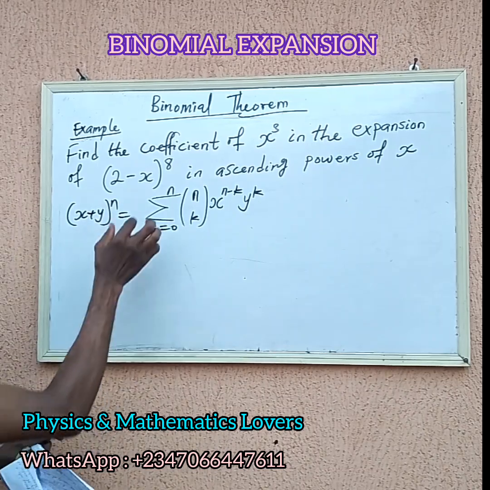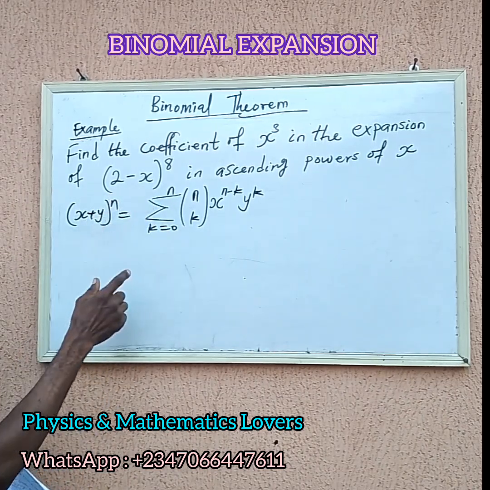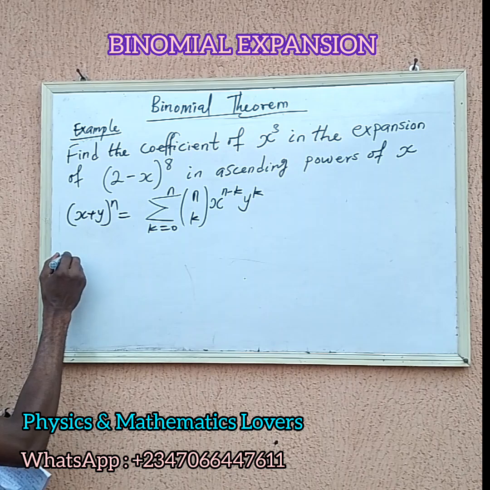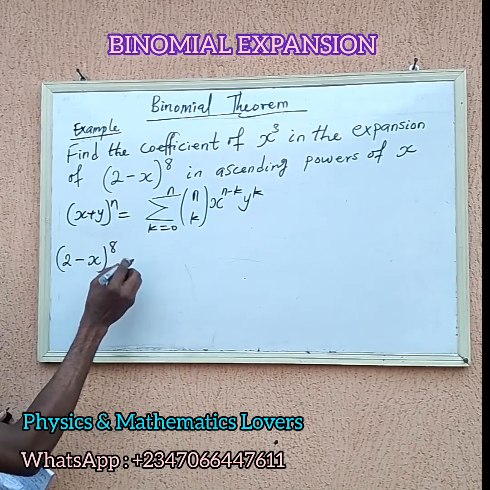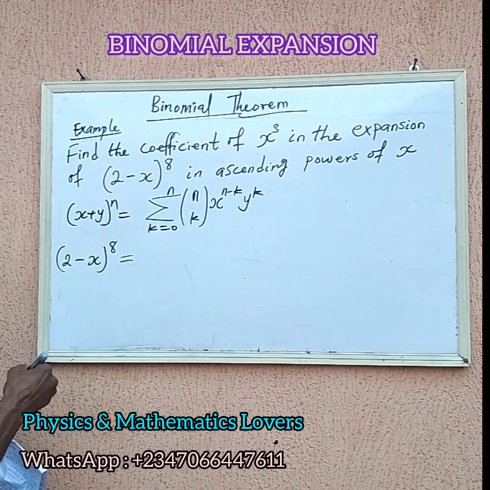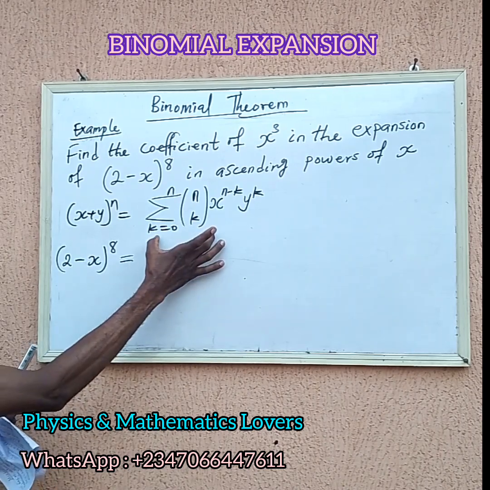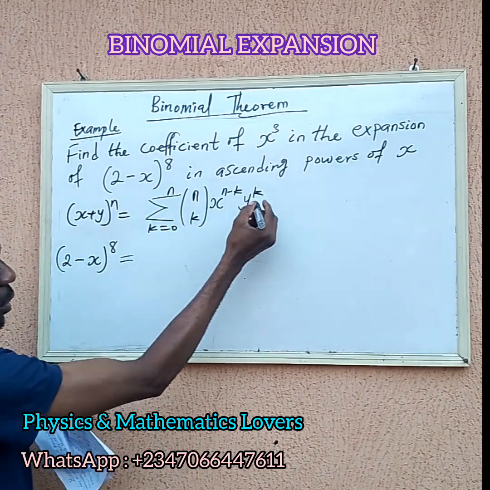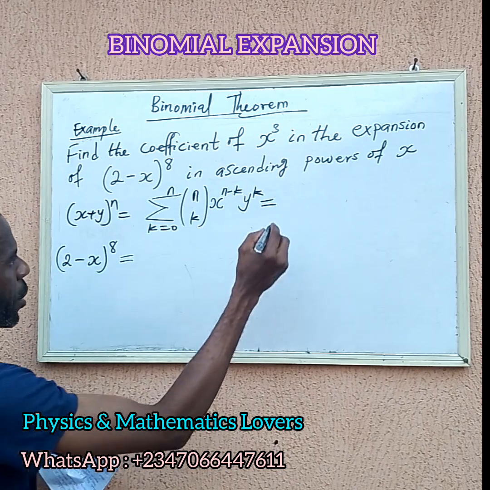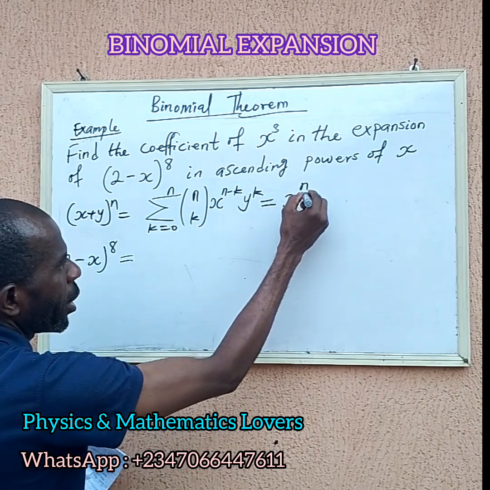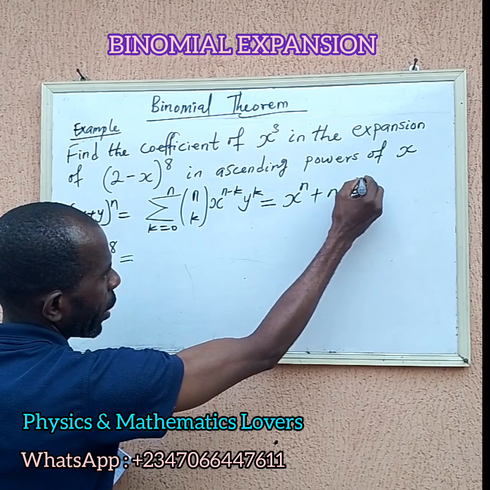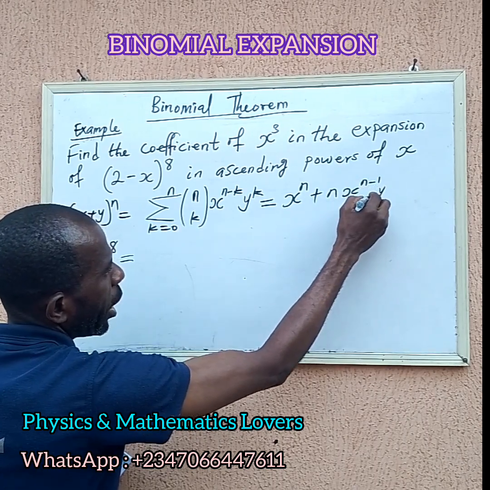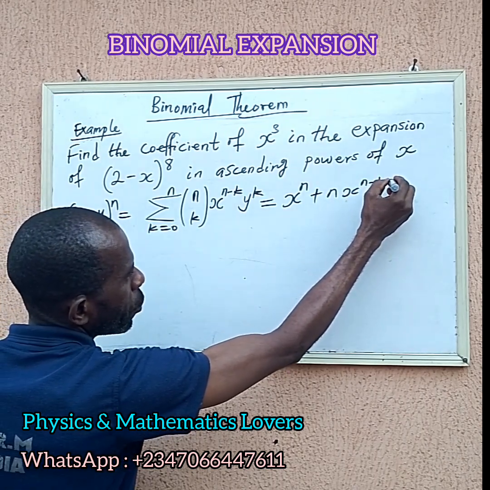Now look at this particular one here. I'm going to have (2 minus x) to the power of 8. After expanding, what you are going to have in this formula is something like this: x raised to power n, then plus n multiplying x to the power n minus 1, then y raised to power 1.